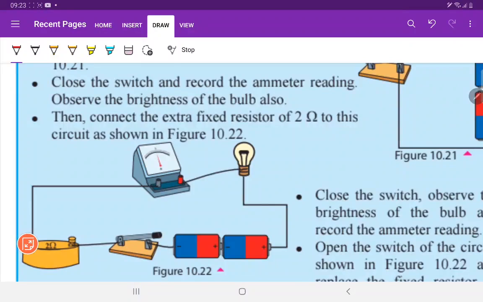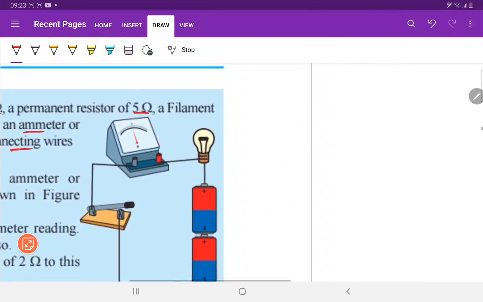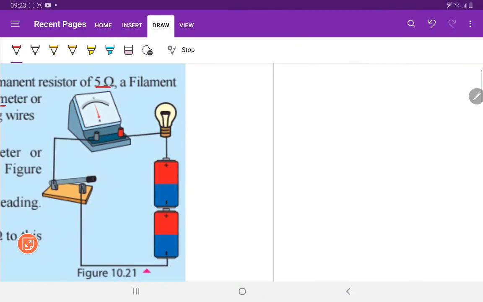Then connect an extra fixed resistor of 2 ohm to this circuit as shown in figure 10.22. First of all, we have to draw this circuit diagram for these children. So how do you draw the circuit diagram? Here, the ammeter or milliammeter, both have the same symbol, a capital A in a circle. And here is the bulb.